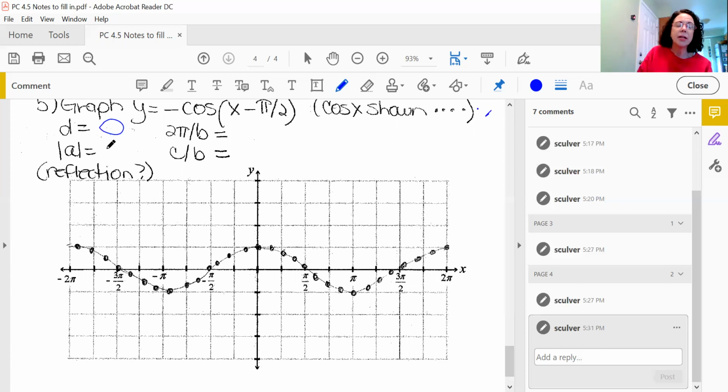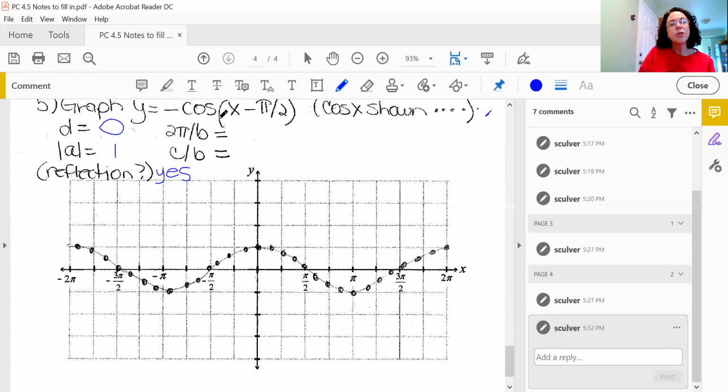So the amplitude is still also 1, but I will remember that it has a reflection. So cosine usually starts at its highest point at 0, I will remember to start at its lowest point. So I can draw horizontal lines at y equals 1 and y equals -1, but I'm pretty good because I already have a sample cosine wave here of staying within those boundaries.